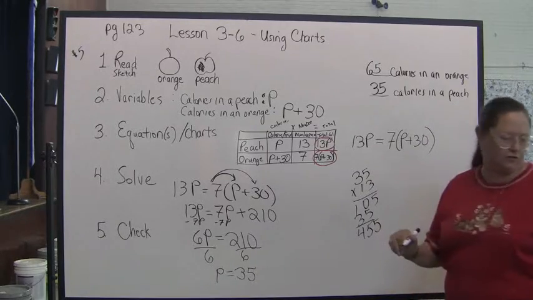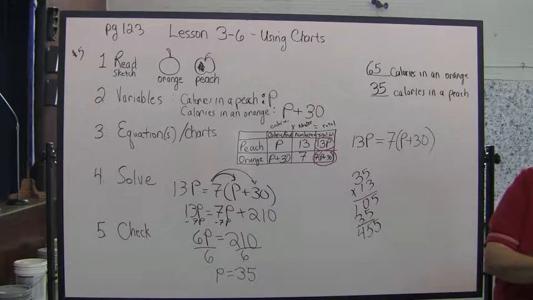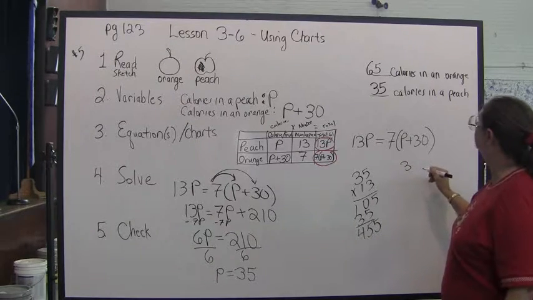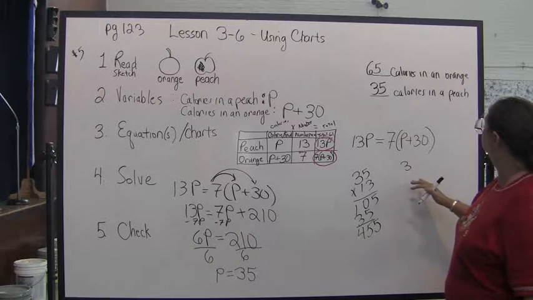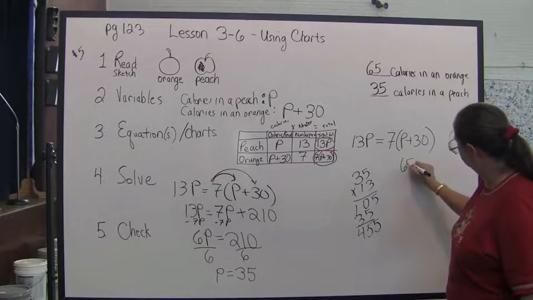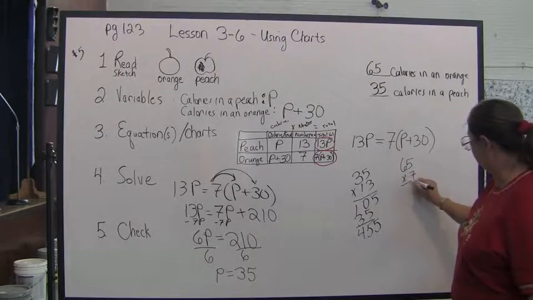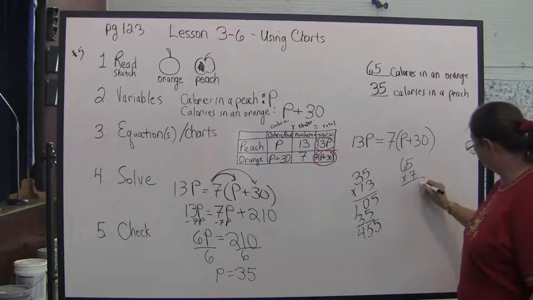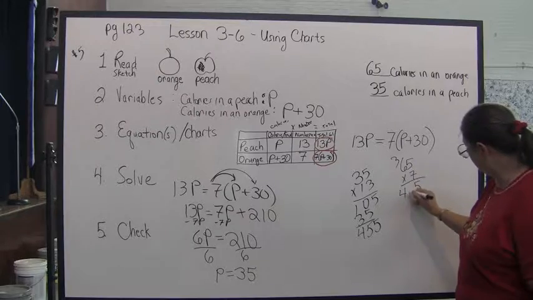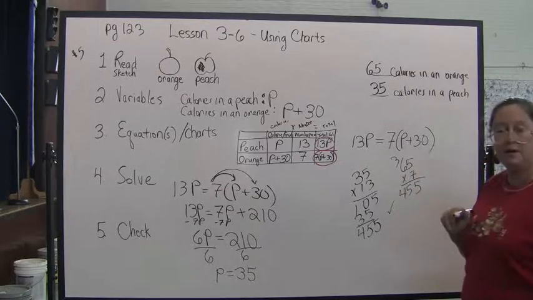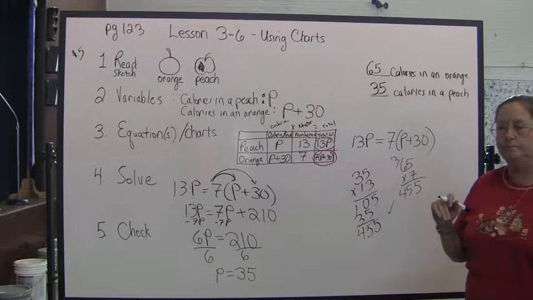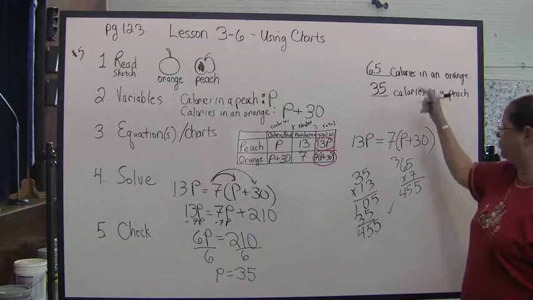That's 13 peaches. Have as many calories as 7 oranges. 65 is the orange, times 7. 7 times 5, 35, carry the 3, 42 and 3. It checks. So, going back to the original problem, I check to make sure that my 2 answers actually work.